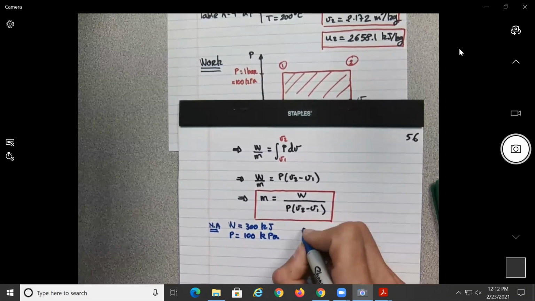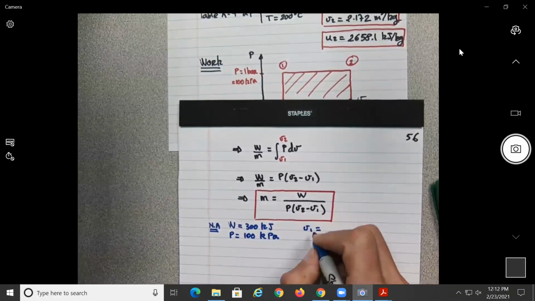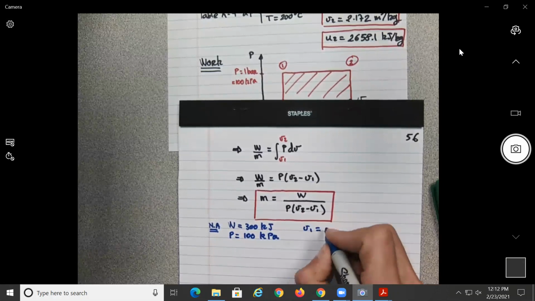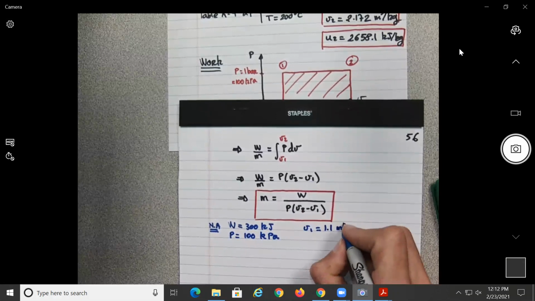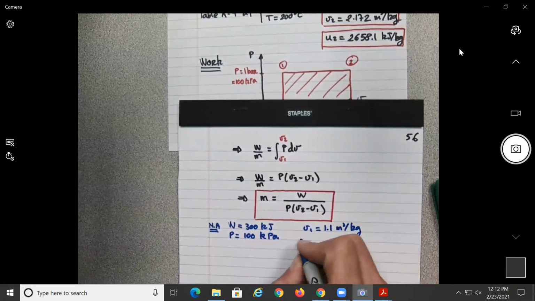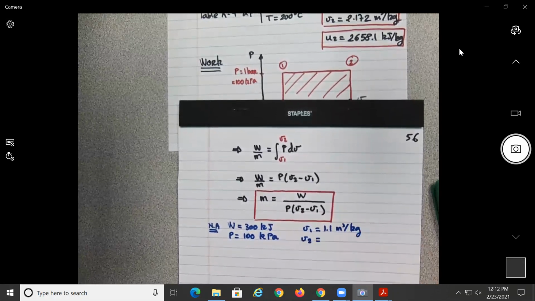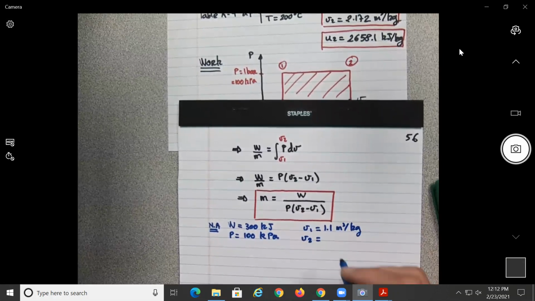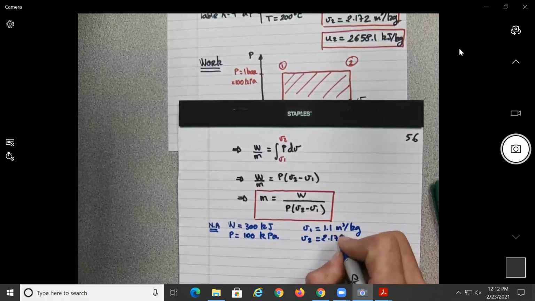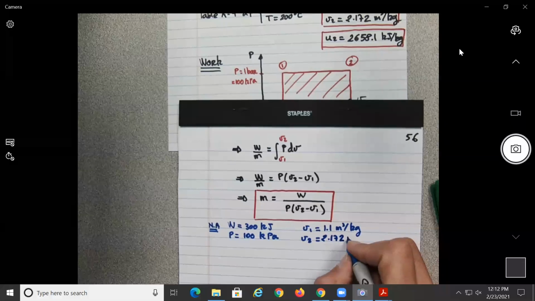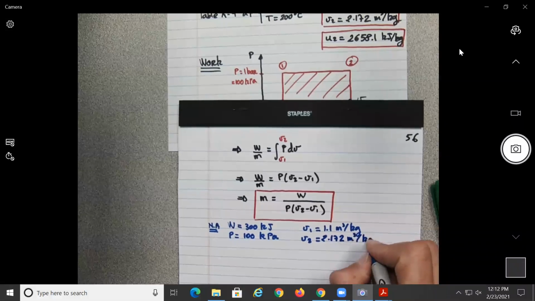V1 is equal to 1.1 cubic meters per kilogram. V2 is 2.172 cubic meters per kilogram.